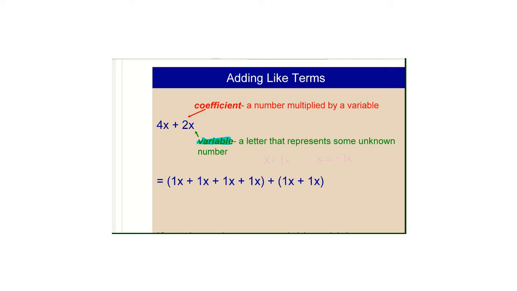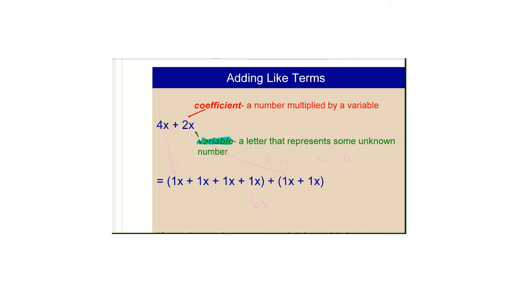So 4x actually means x added 4 times. We know that multiplication is a shortcut for addition. So we can just say 4 times x instead of adding x 4 times. And then 2x is x added twice. So how many x's do you think that is altogether? If you think that's 6 x's, you are correct.